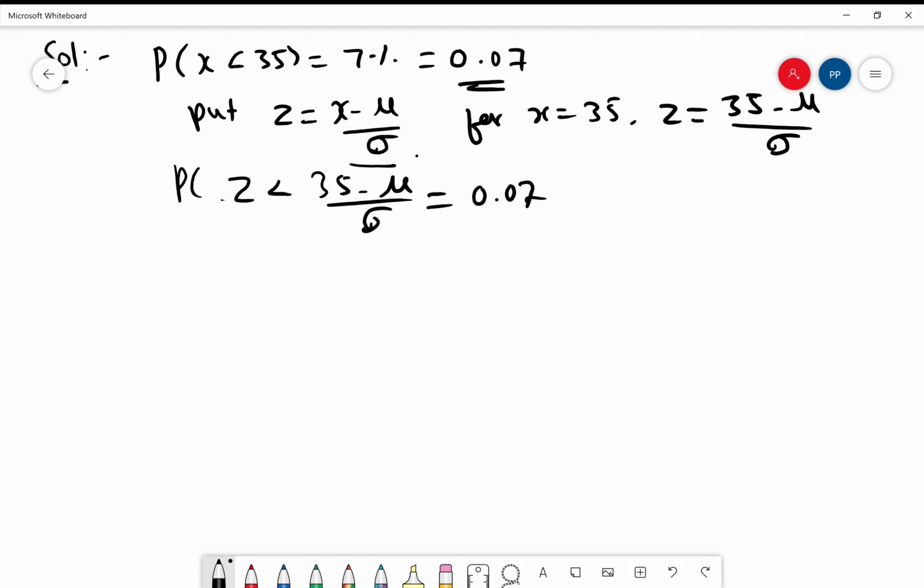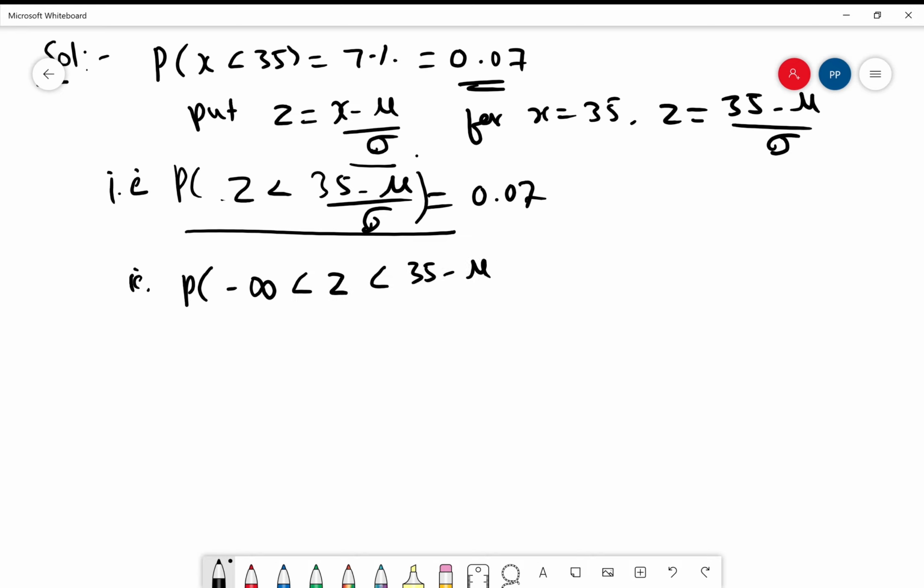So the given condition in terms of the standard normal variable becomes probability of minus infinity less than Z less than (35 minus mu) by sigma equals 0.07.